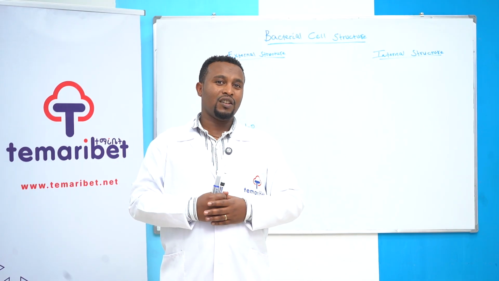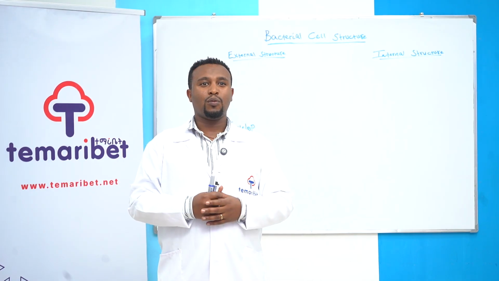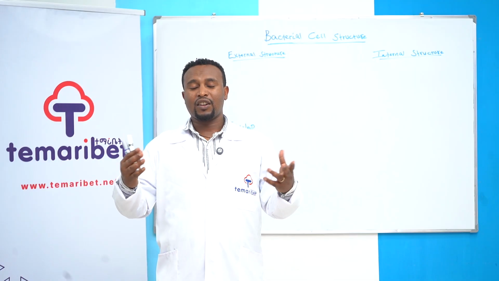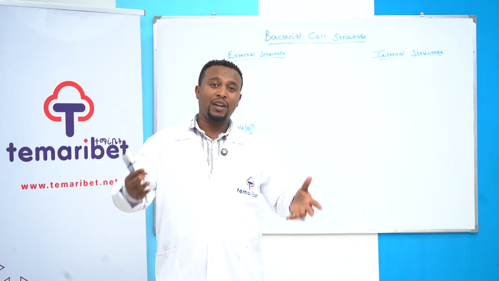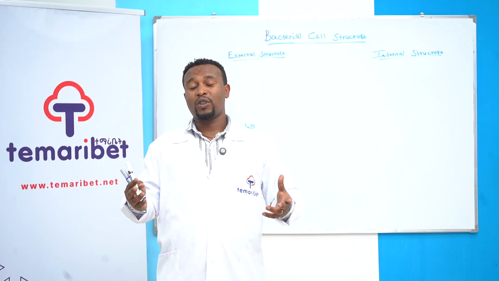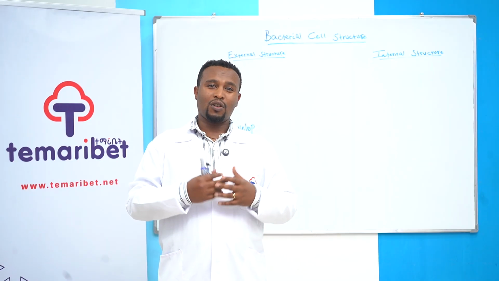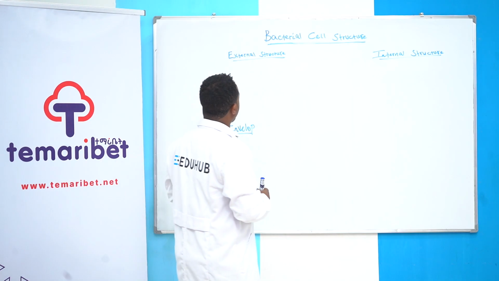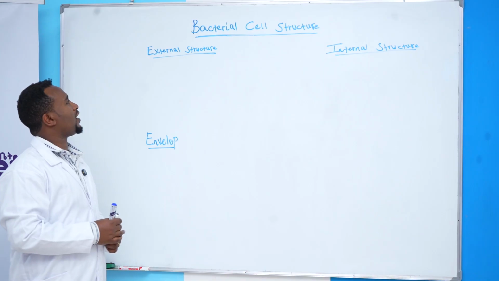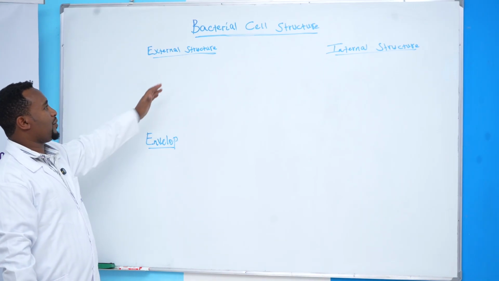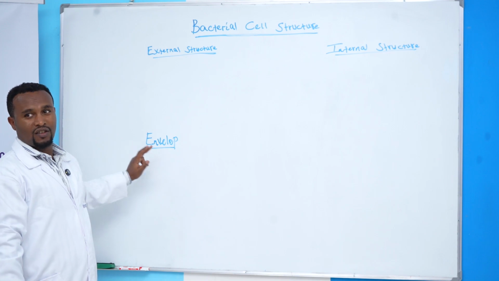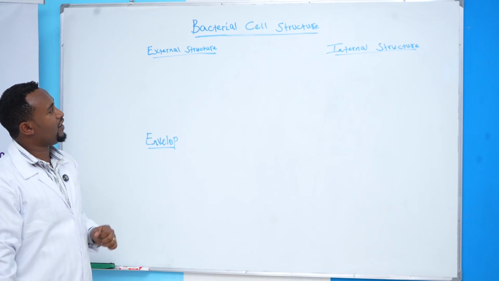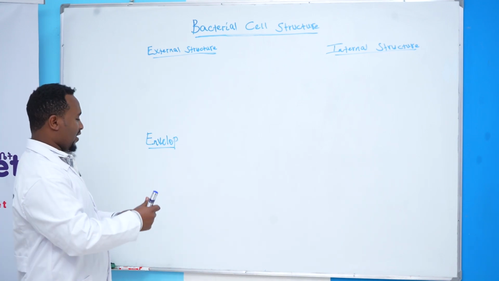Without the bacteria, there is no production of different agricultural products, medicine, and food production. Our life is linked with the bacteria. So let's start our topic from the external structure. We classify the bacteria into the external structure, the envelope, and the internal structure.